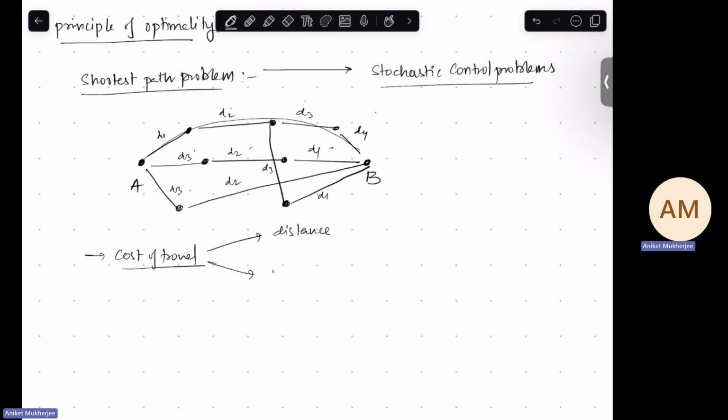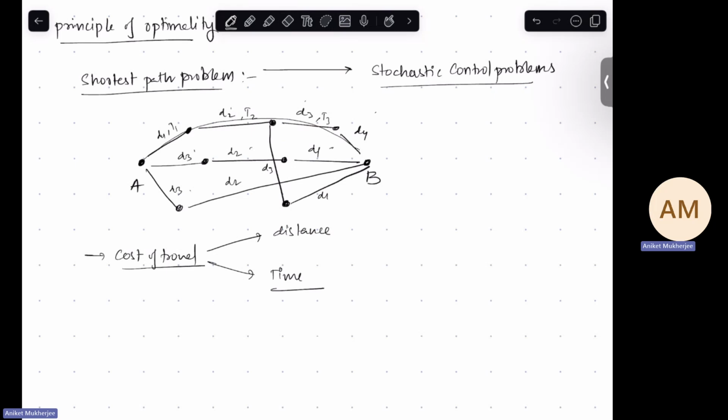Similarly, you can also do it by minimizing time. Instead of distance, there is some time associated with each path. Each path takes you some amount of time to go through, and here also it takes some amount of time. So if you want to know the total time taken to go from A to B, if you follow one path, you can just add up those times.